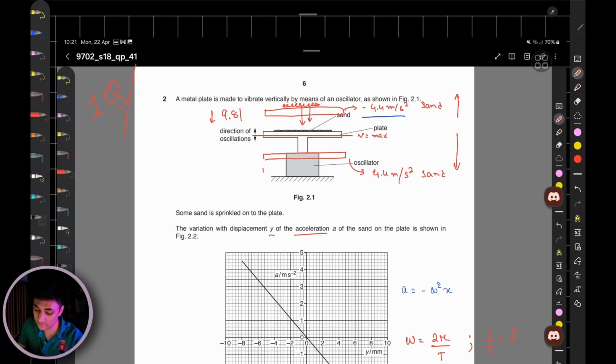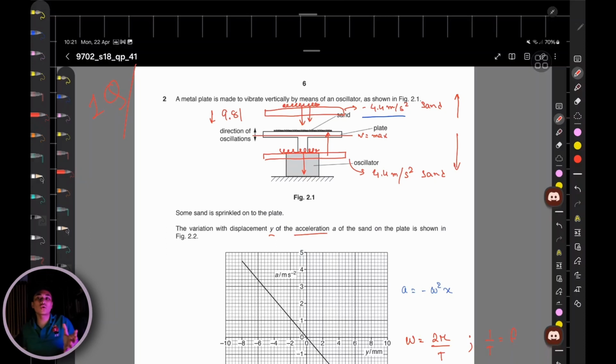However, the same can't be said for the lowest position. Notice one thing. At the lowest position, if you place a bit of sand over here, notice the weight is acting downwards, but the plate is pulling it upwards. Therefore, at this position, the sand, no matter what you do, is not going to lose contact because the plate is pulling the sand up and the sand is pulling itself down.